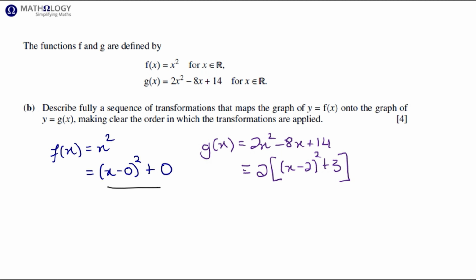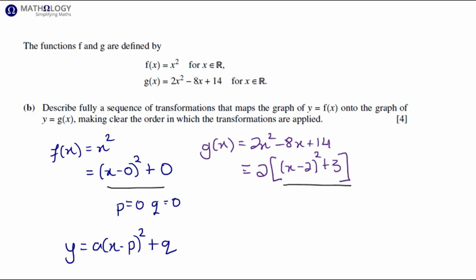From this, the way that we've written y equals x squared, p equals 0 and q equals 0, we're talking about the general quadratic in turning point form, which is y equals a times x minus p all squared plus q. So we're referring to this p and that q there. So p is 0 and q equals 0 for f of x.